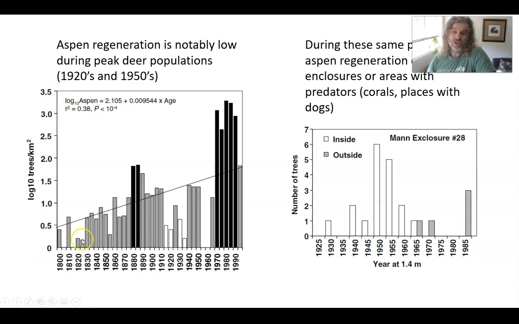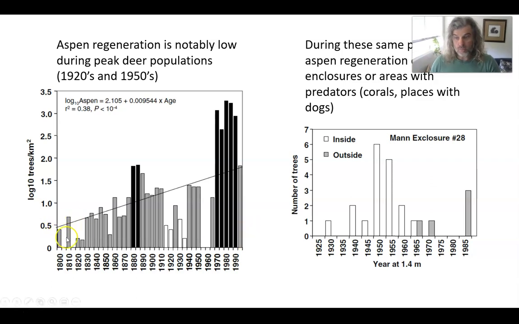So it's interesting, this paper, I can't say enough about this paper. When you look at patterns of regeneration, it's extremely low in the periods where deer populations were high, the 1920s and 1950s.